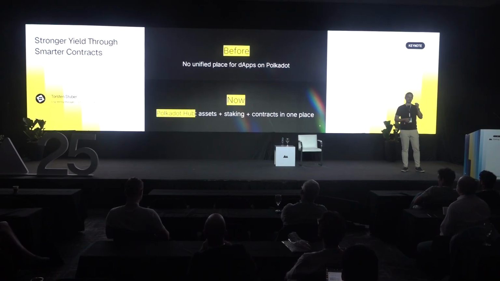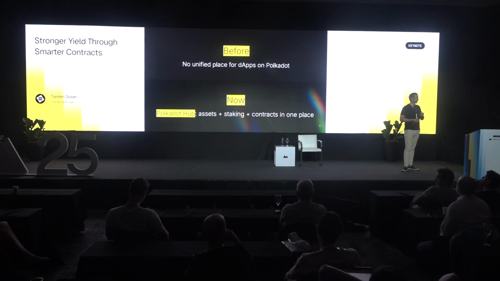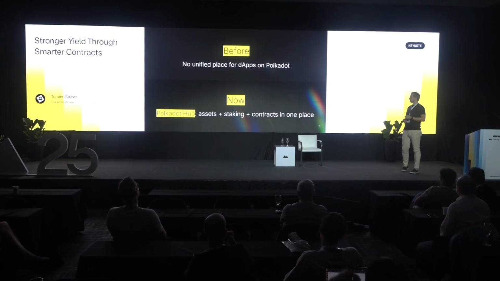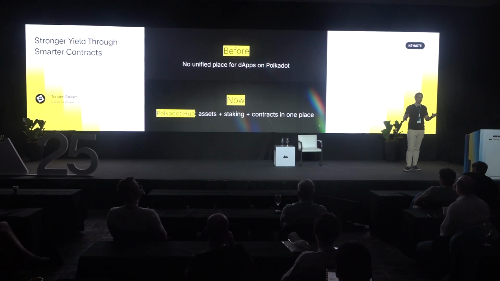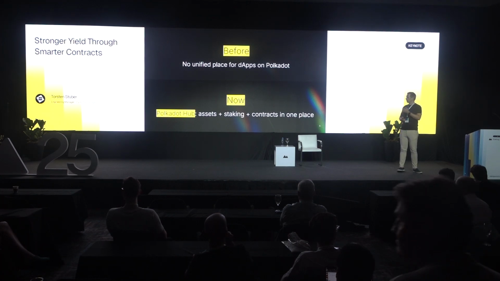The Polkadot Hub is the one central main place in the Polkadot universe. And it has one unified environment for assets, staking, Polkadot governance, and contracts in one place that can interact with each other without any wrappers, without any bridges, in a completely decentralized and trustless environment. With the Polkadot Hub, a lot of the limitations of staking systems can be lifted.